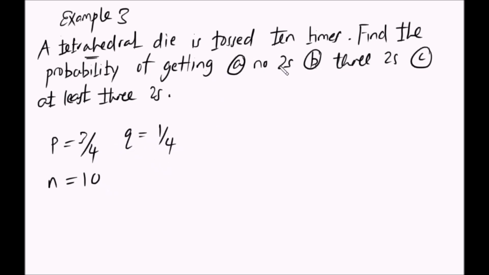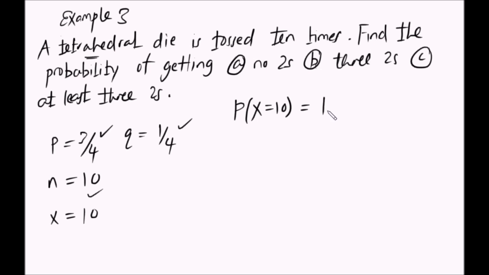So nataka the probability of getting no 2s. Remember, every time the tetrahedral is tossed, the probability of getting no 2 will remain like this, and the number of trials is fixed, and there are only 2 outcomes, so it's a binomial distribution. Now the probability of getting no 2s kwa each trial usipate nini? Usipate 2. Kwa hiyo hii ni p x sana nini? Na 10.